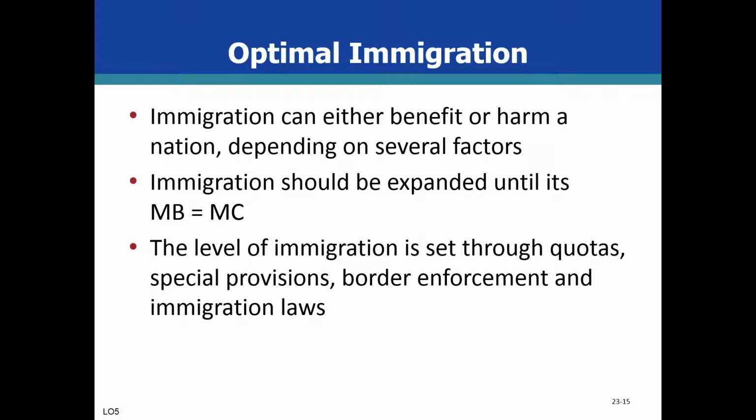What's the optimal level of immigration? As economists, we would say that immigration should be expanded until its marginal benefit equals its marginal cost, where MB equals MC. Well, that's more easily said than done, and more easily said than measured.